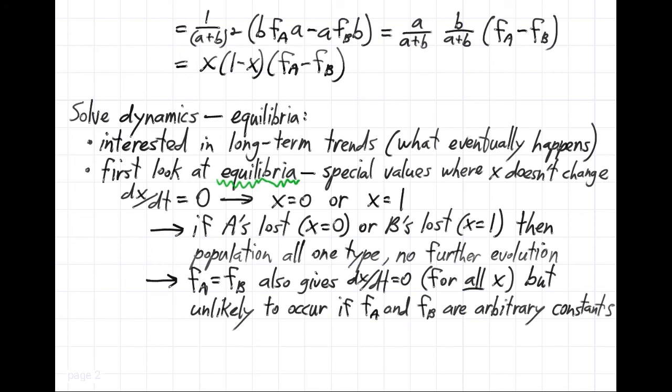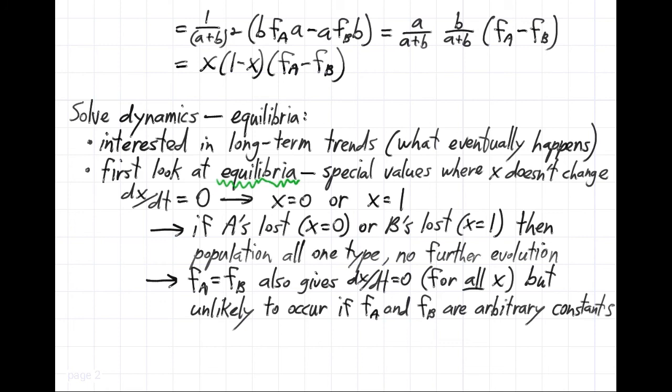Maybe not arbitrary, maybe determined by experiment or something like that. But in any case, if you go out and measure two parameter values, FA and FB, it would be a really weird thing if they happen to come out exactly equal to each other. So we don't expect that to occur very often.